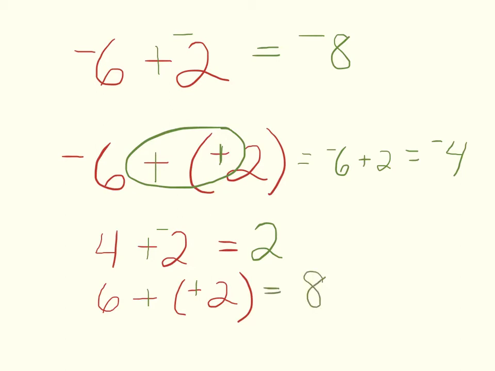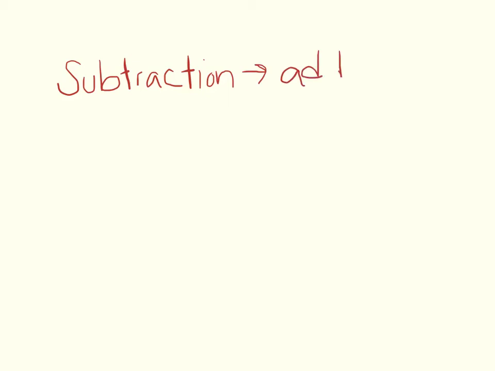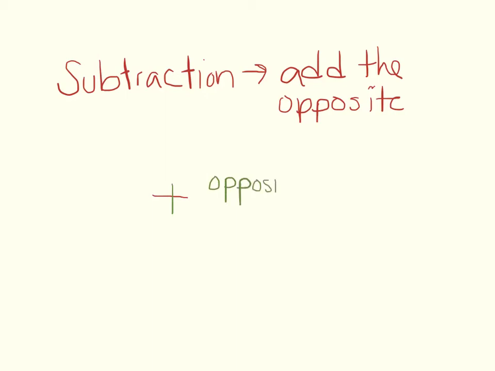So this will take a little bit of doing, but the more you can think of subtraction as simply telling me to add the opposite of the number that follows that subtraction sign. So in a sense, that subtraction sign becomes like a negative, where I add then the opposite of the number that follows.